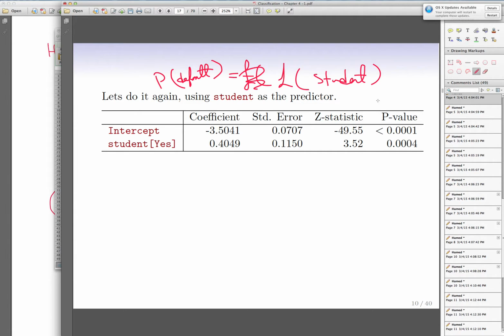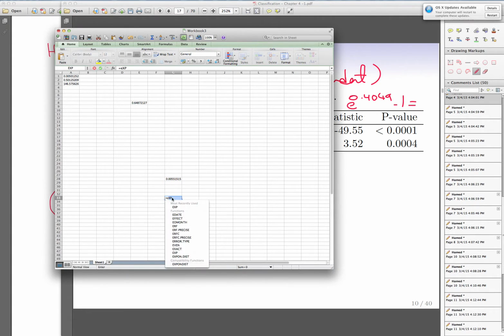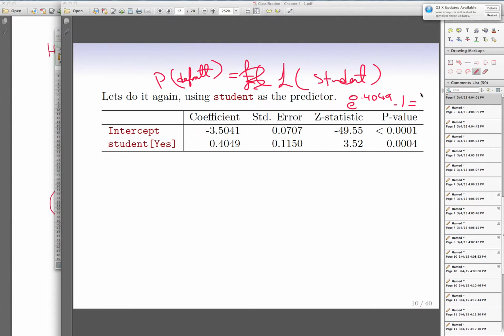So let's do our magical math. Exponential of 0.4049 minus 1 is 49.9.